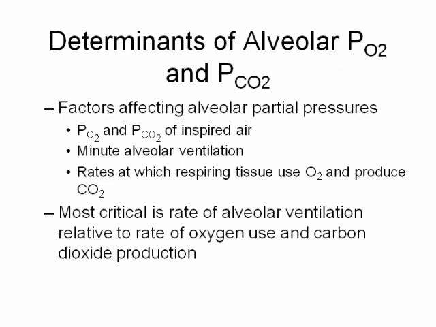Other factors that will affect alveolar partial pressure is minute alveolar ventilation. If somebody increases minute alveolar ventilation, of course, that will increase oxygen and decrease CO2. And conversely, if you decrease ventilation, you're going to decrease the partial pressure of oxygen and increase the partial pressure of CO2. Generally, the rates at which the respiring tissue use oxygen and produce CO2 are going to be fairly constant.